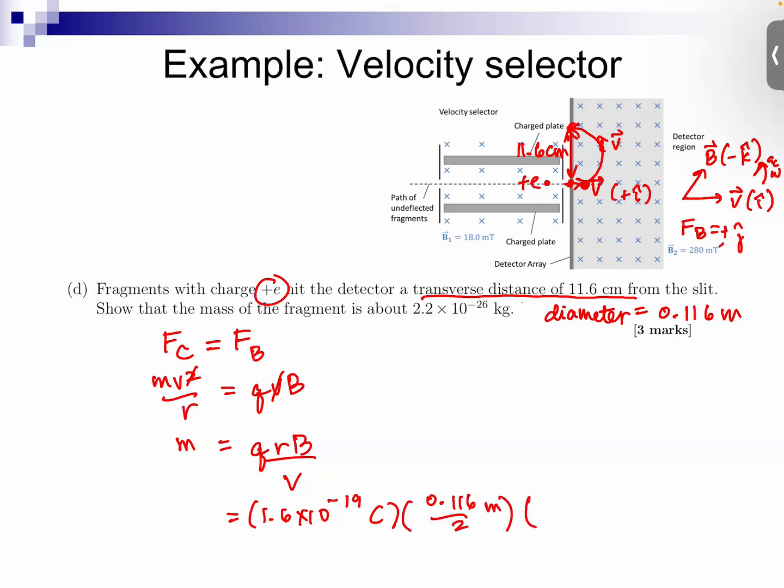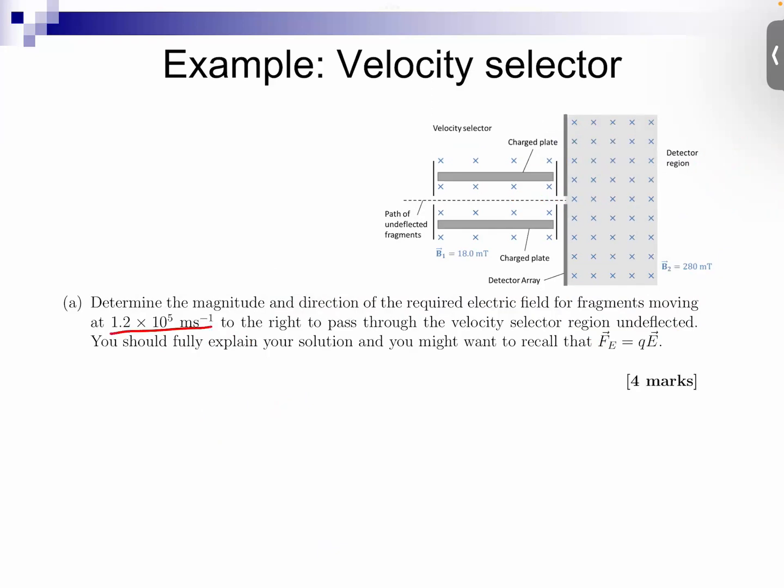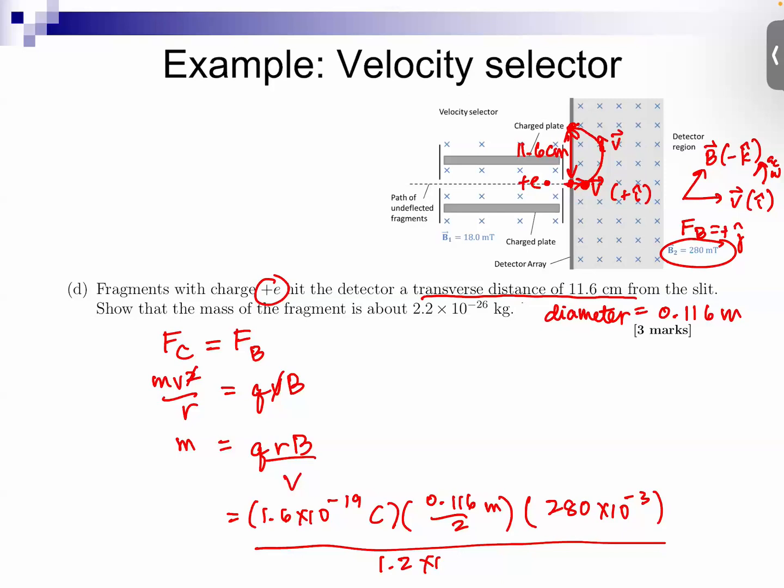The magnetic field is given there, 280 millitesla. And the speed is the speed of the particles that entered, which was given in the first question, 1.2 times 10 to the 5 meters per second. Plugging that into your calculator should give you the mass as indicated in the question.